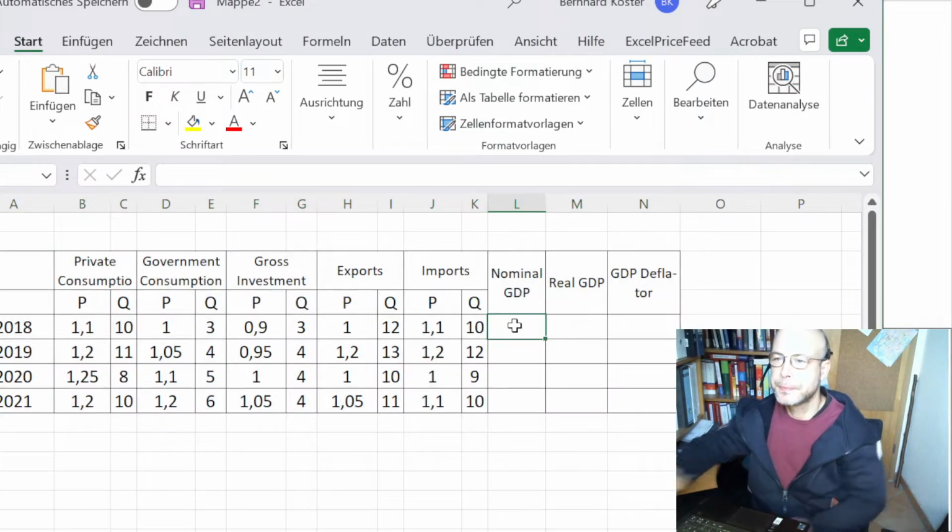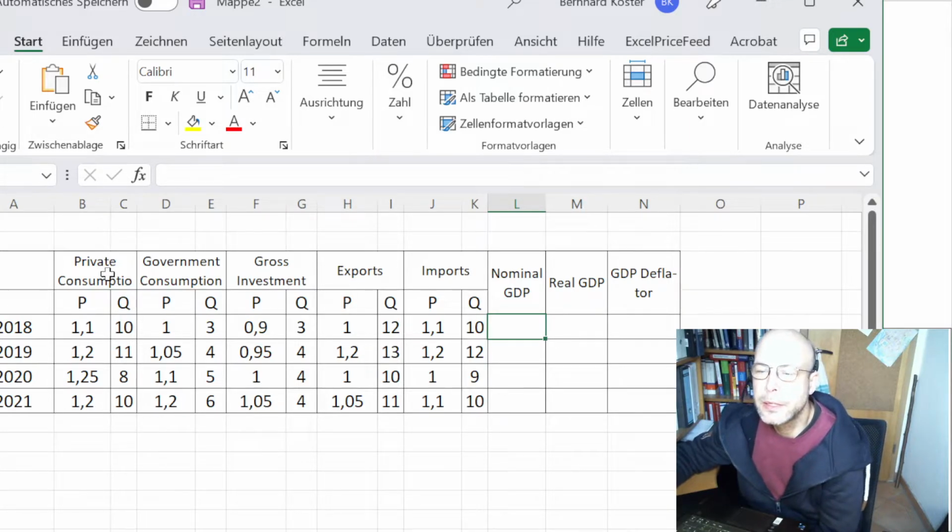So now what you see here, I think you know this from your macro courses. This is just the expenditure approach of GDP: private consumption, government consumption, gross investment, and exports and imports. So GDP is then, of course, expenditure for private consumption, government consumption, gross investment, plus exports minus imports.